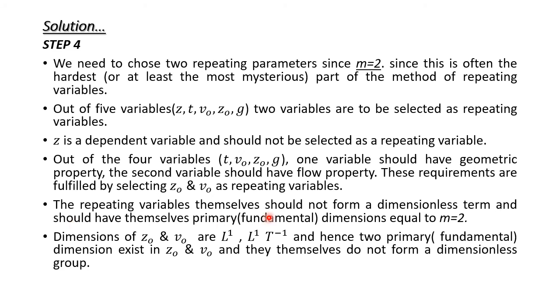The dimensions of Z0 and V0 are L to the power 1 and L1 t to the power minus 1, and hence 2 primary dimensions exist.